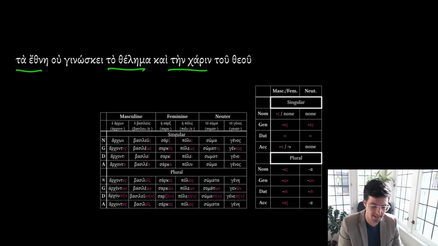So we know it's nominative or accusative neuter plural. And based on its function in the sentence, we're going to know that it's actually nominative. So the nations u genoske. This is do not know. So this is a present active indicative third person singular.